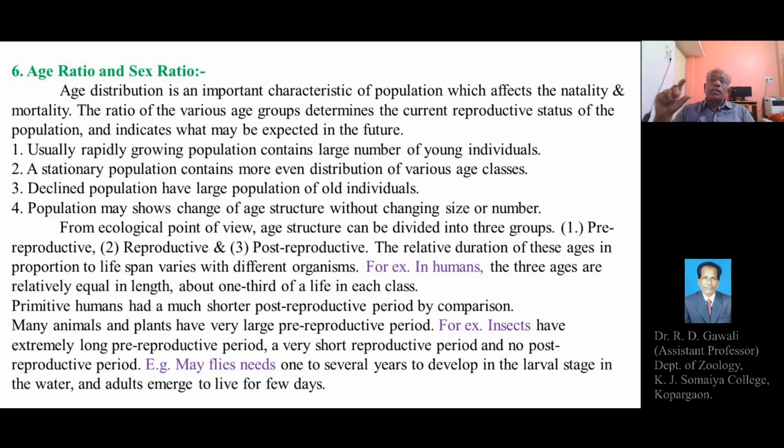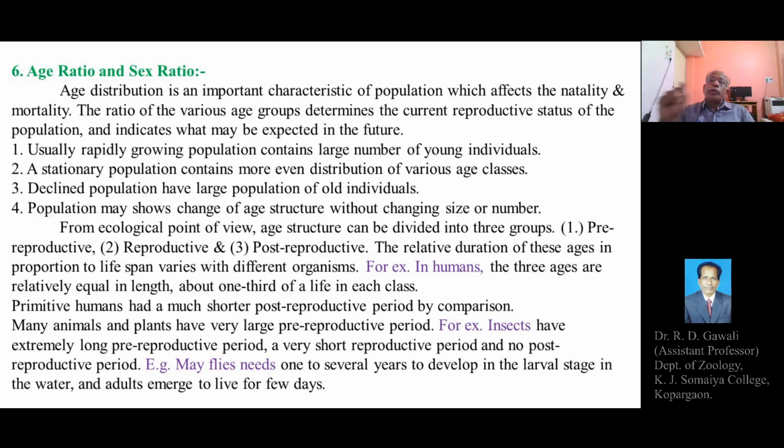In such cases there are only two age groups, the young stage and the adult stage, among which the young stage is much longer, with a very short reproductive age group.